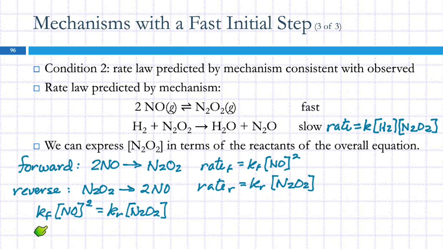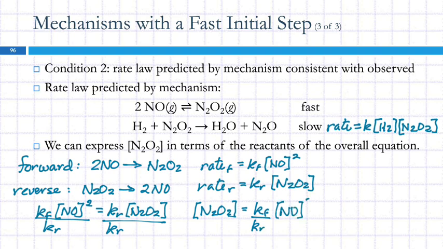Now we have an equation, and we can solve this for N2O2. So I'm going to divide by K reverse on both sides. So now I can see that the concentration of N2O2 is equal to K forward over K reverse times NO squared.